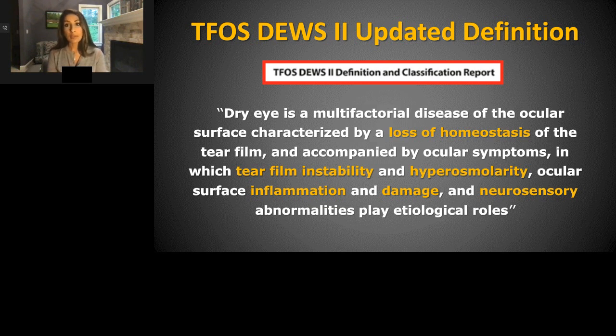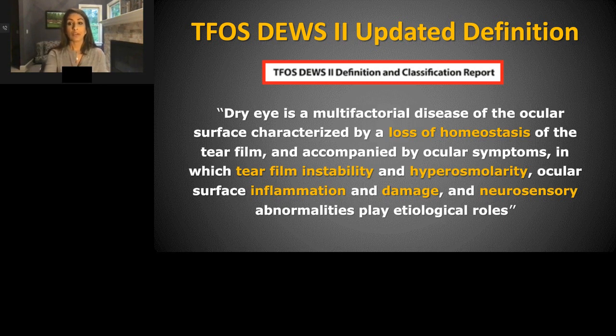That's kind of a mouthful, but the words I've highlighted here in yellowish orange really are the critical words that help us establish some of those key endpoints when we assess for dry eye disease, but also understand what's happening at the level of the ocular surface.